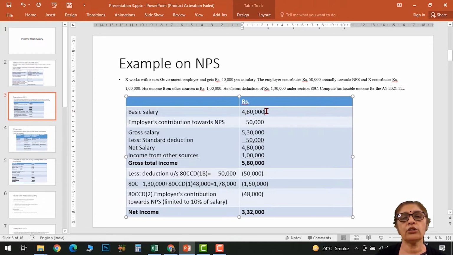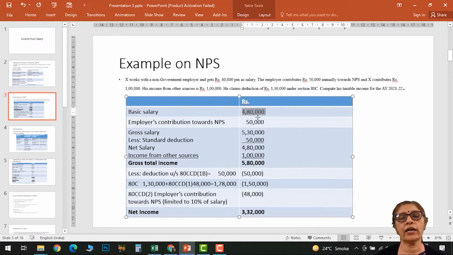So it is 10% of 4,80,000, which is 48,000. So you cannot claim CCD1 for an amount exceeding 48,000, though we have 50,000 in hand. Had his salary been more than 5 lakhs, we could have taken the entire 50,000. But because his salary is 4,80,000, you cannot claim 80CCD1 for an amount more than 48,000.